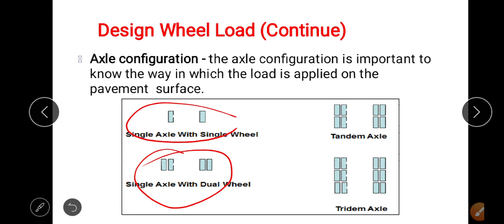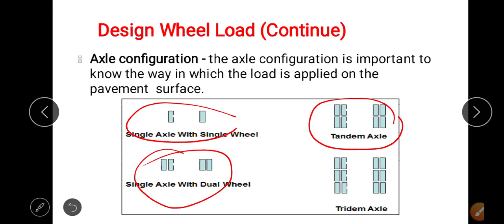Apart from that, you can see in the case of tractors, tandem axle also. Not only 2 tires at the back, but at the same time there will be tandem. Here it is dual. Dual means 2. Tandem means 2 pairs of dual tires. That is nothing but tandem axle.